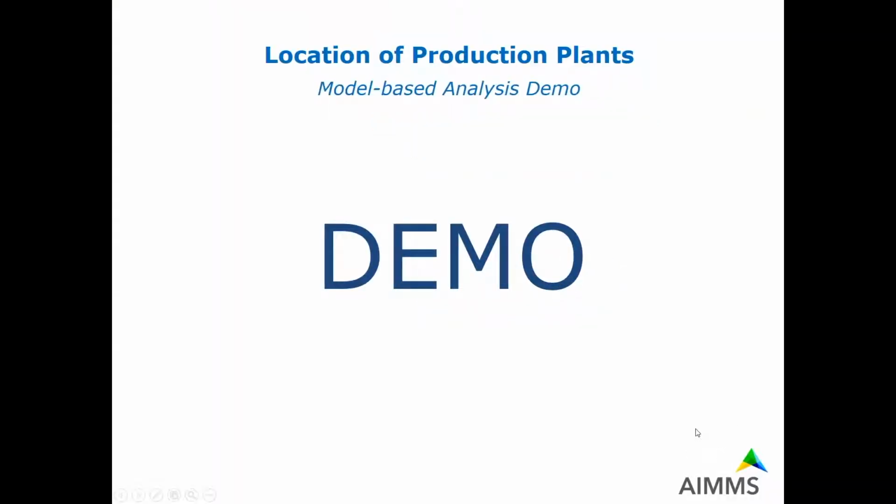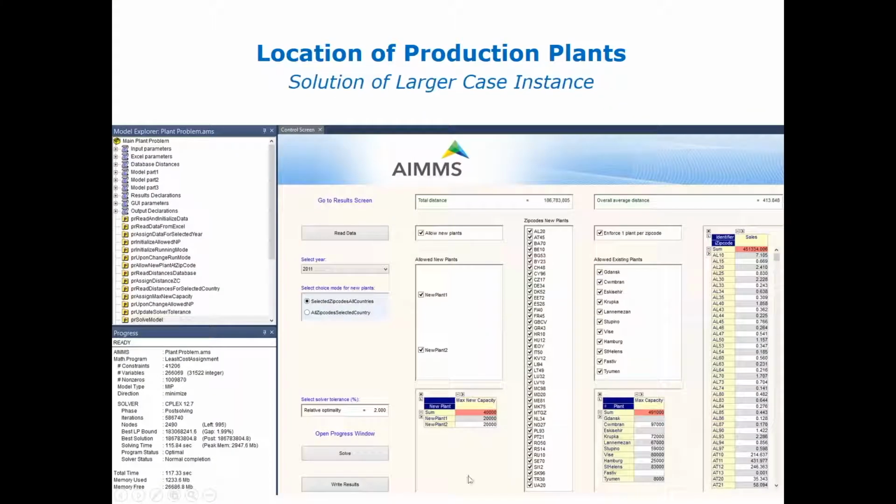And for that reason, I already have the solution here. So with two plants, it takes about 2 minutes to solve the problem. And in this case, we can see that the weighted average distance traveled drops to 413, and also the total distance traveled drops to 186 million.